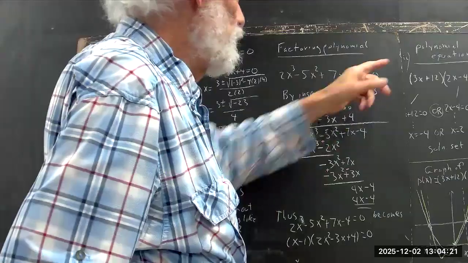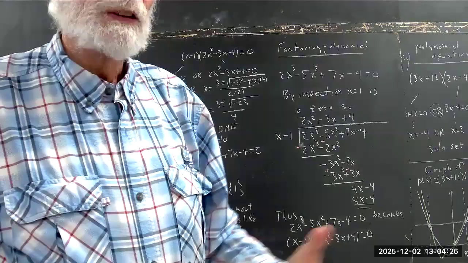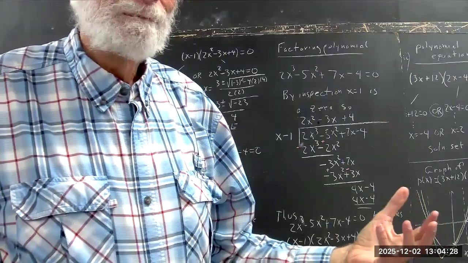If the polynomial isn't factored, then in order to find the zeros, you've got to in some way factor it.